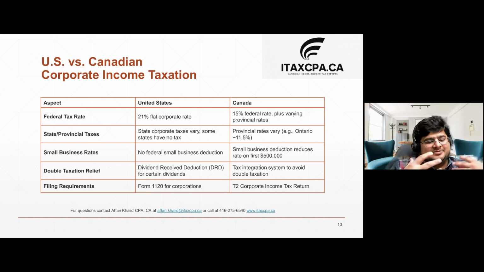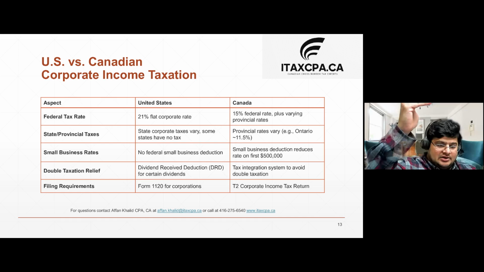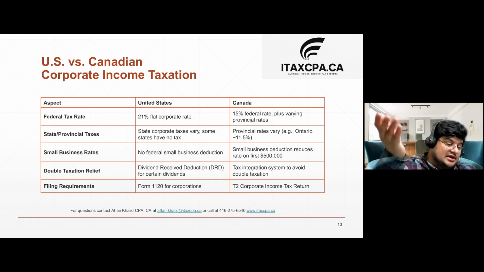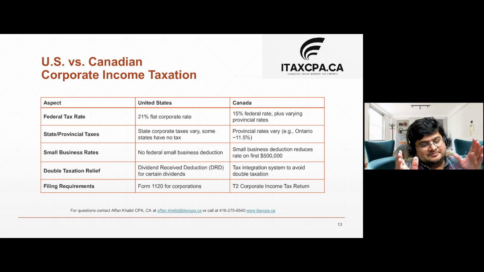The tax system is designed as what we call a tax integration system to avoid double taxation, because you have income that is taxed at the corporate level, and then the income flows into the hands of the individual shareholders, who pay personal tax on that income, whether you call it salary or dividend. It's not a perfect system by any means, and depending on the province it can get very penalizing.